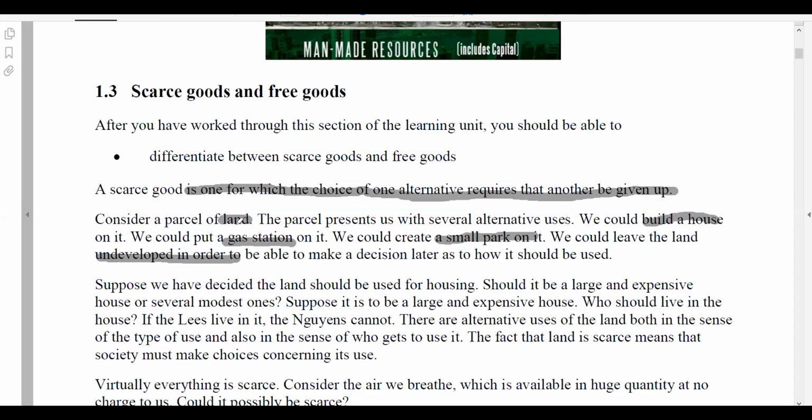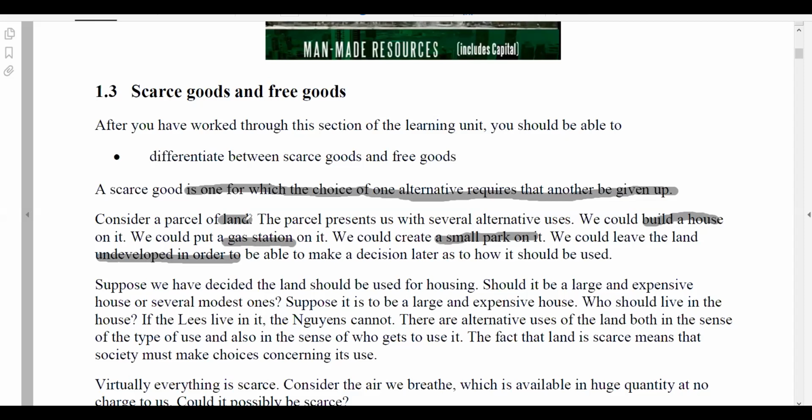What other alternatives could you have used your time for if you did not attend this class? What could you have been doing with your time? Doing other modules. Yes. Or what else apart from studying? What else could you be using your time for? Watching TV. Exactly. Yes. Watching television, maybe going shopping, seeing your relatives, etc.